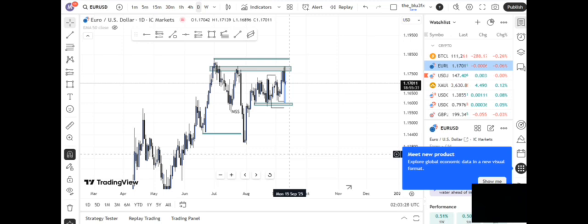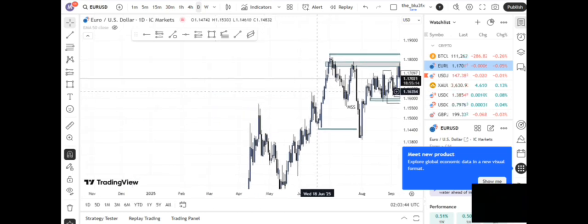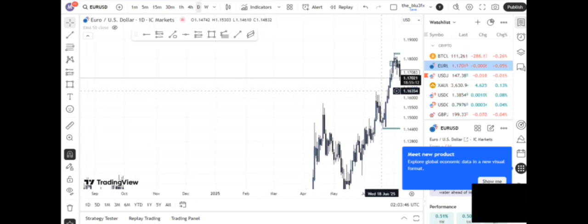Here is how you know, just the way I explained earlier, the high and the low. This is the highest price previously price went to. Just focus on this, please.